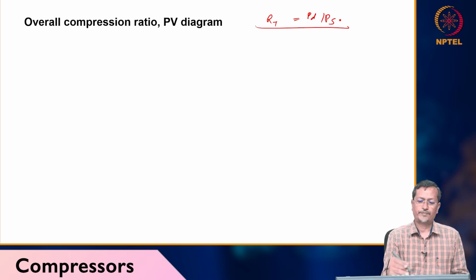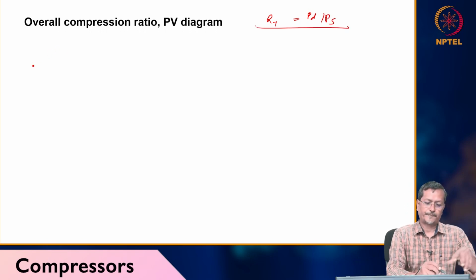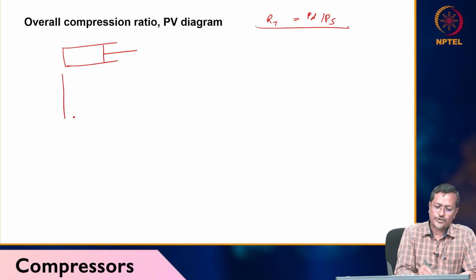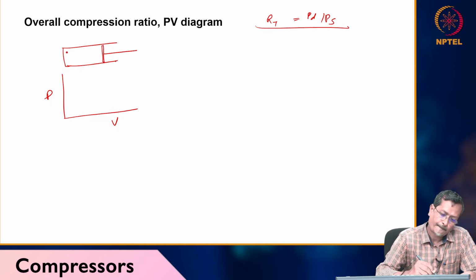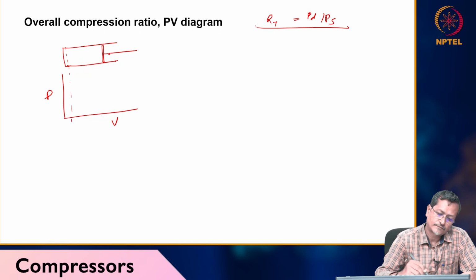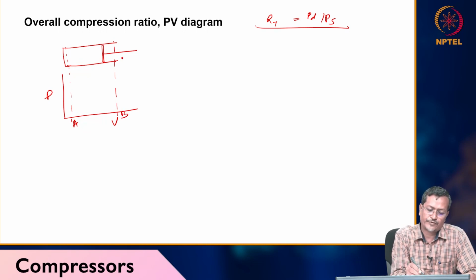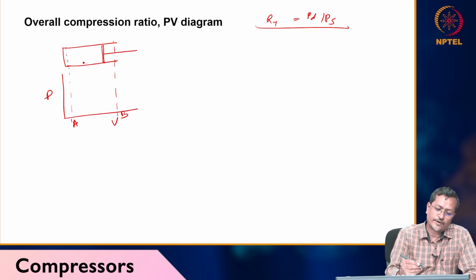Okay. Now the PV diagram. Sometimes it is also called an indicator diagram. First you draw one piston cylinder arrangement, then you draw the PV diagram. Now the piston will be moving from this end, A, B. Let's say the piston is moving from B to A. So what will happen?